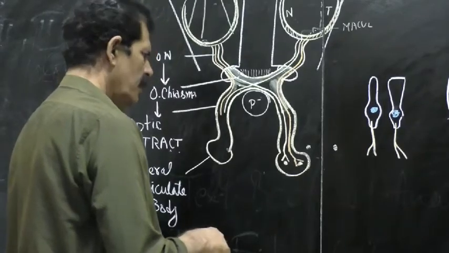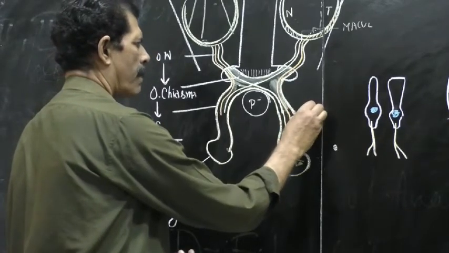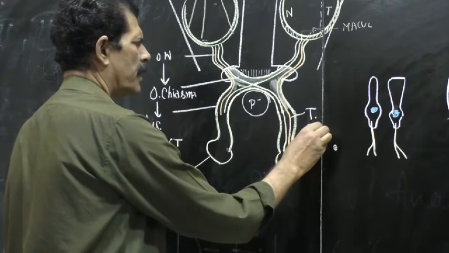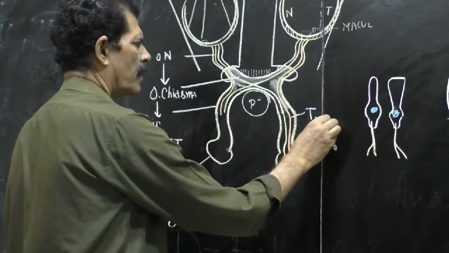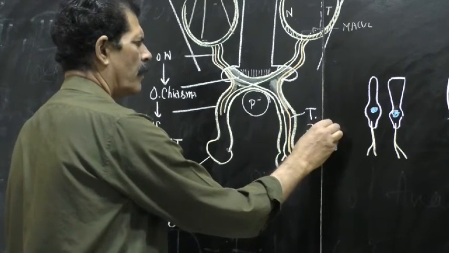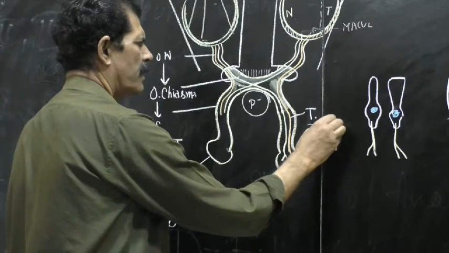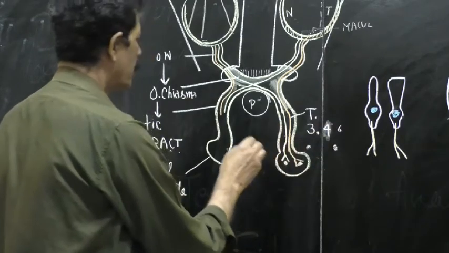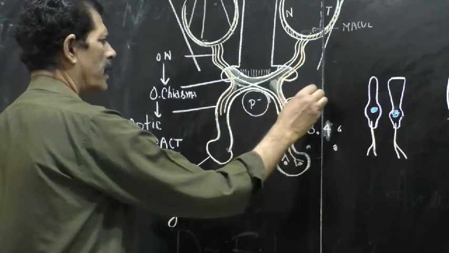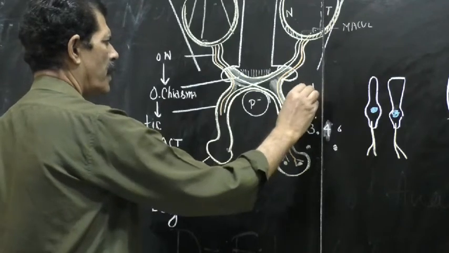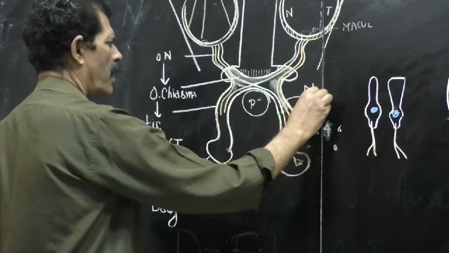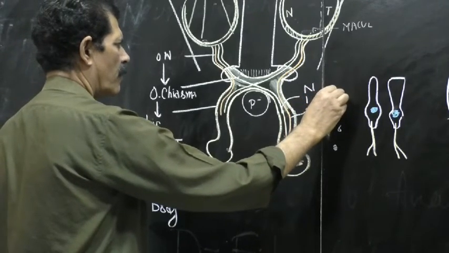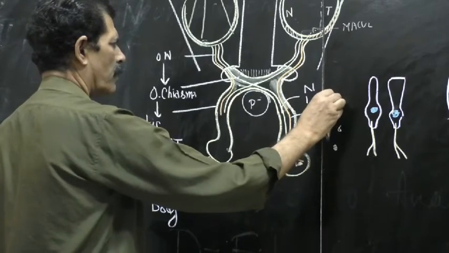The temporal fibers terminate in layers 3, 4 and 6, while the nasal fibers terminate in layers 1, 2 and 5.